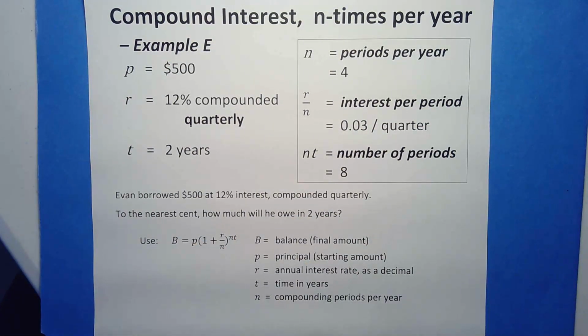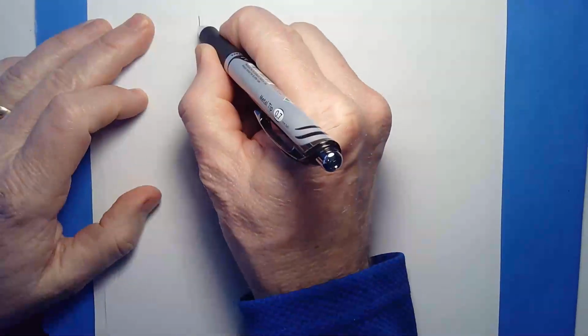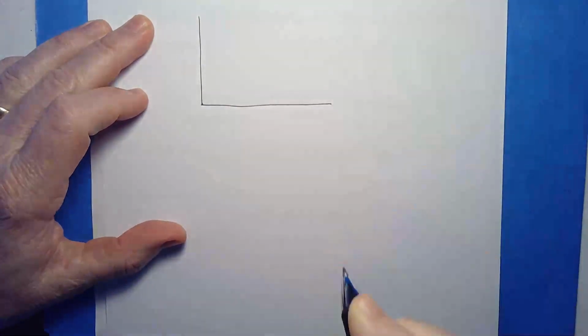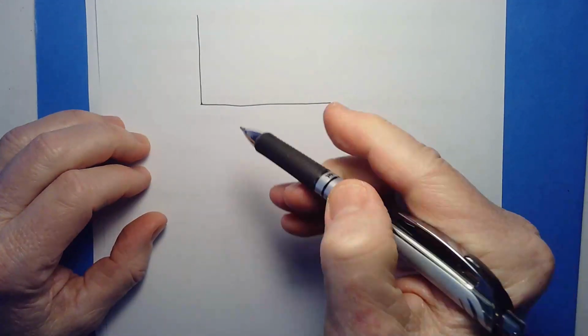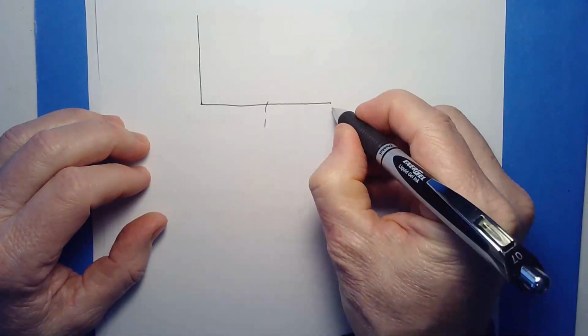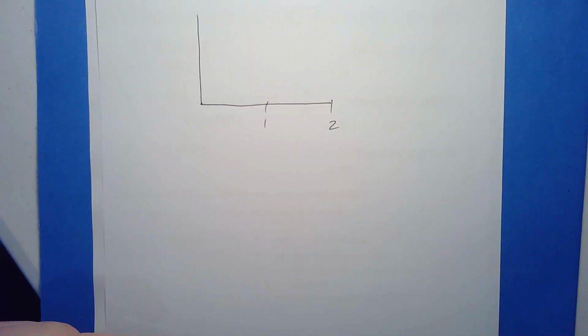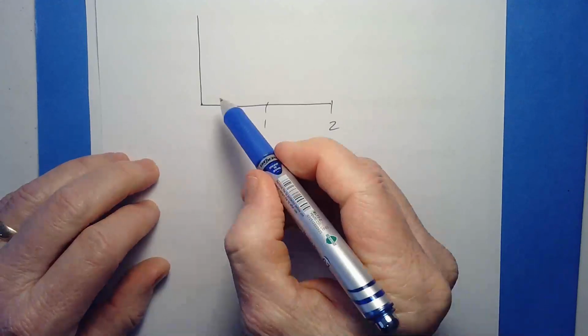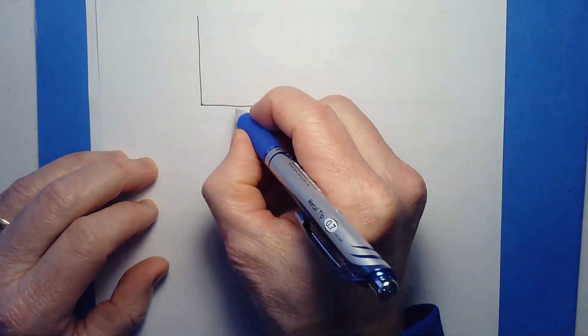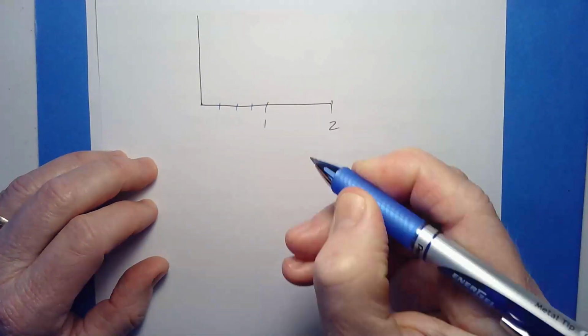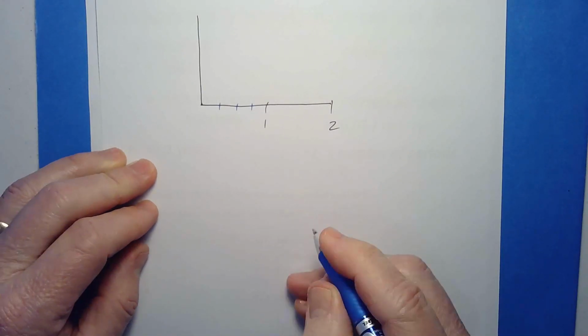So what you're going to see is something that looks like this. So we're going to have, over the course of a year, 1 year, we're going to have 2 years, but rather than splitting it up into the full year, we're going to actually, every 3 months, reset our loan.